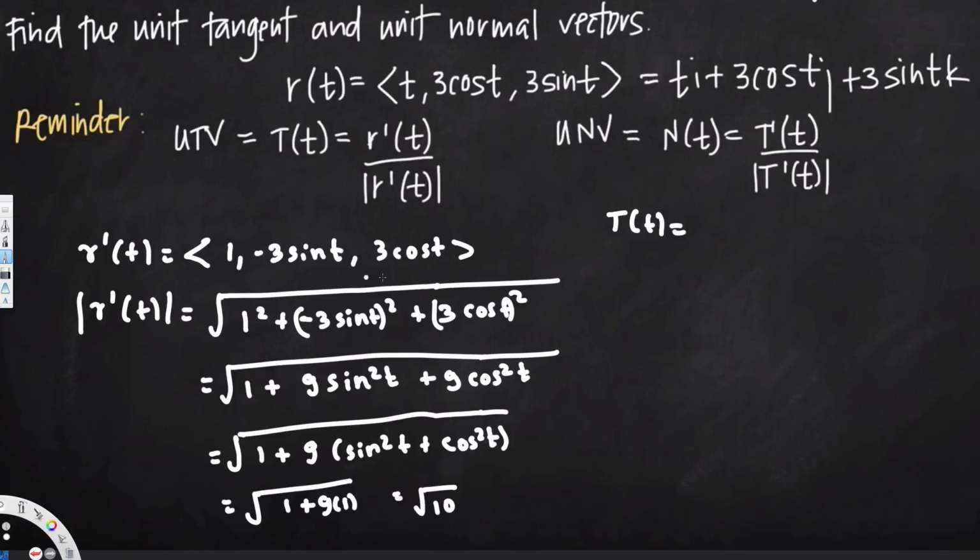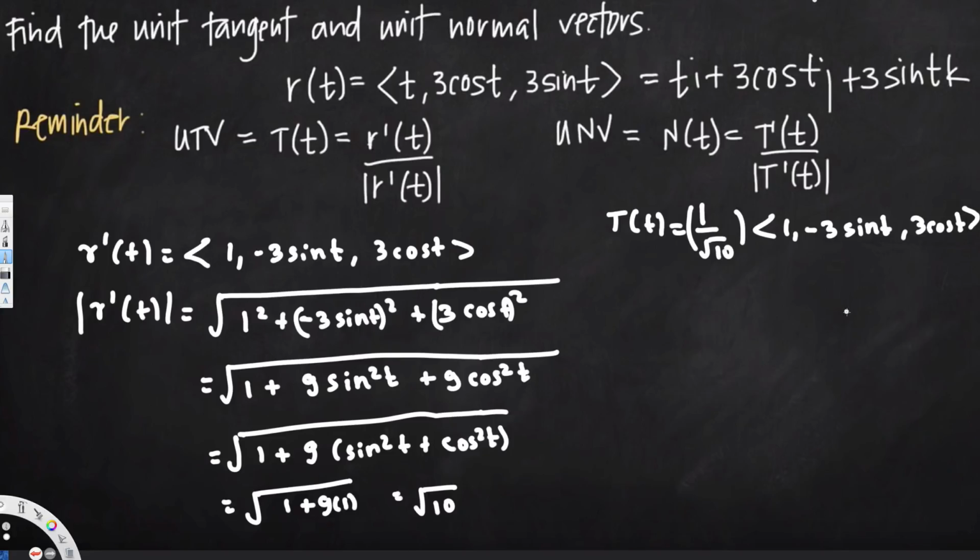Instead of dividing, we can also write this as 1 over the square root of 10 multiplied by the tangent vector, that's 1, minus 3 sin t, 3 cos t. We can keep this like this. Okay, now we have found this one.